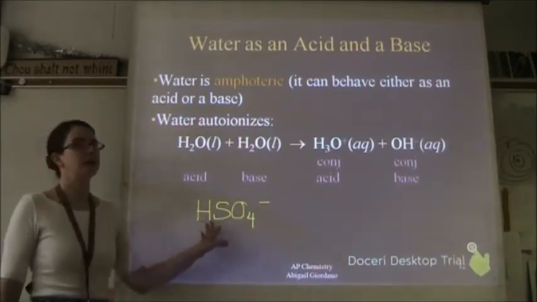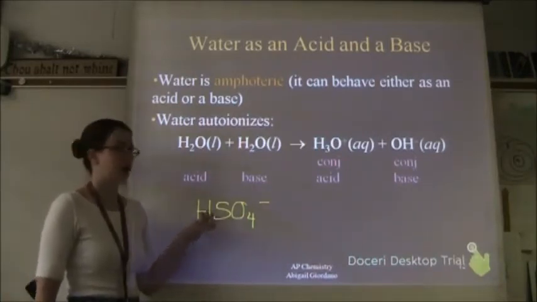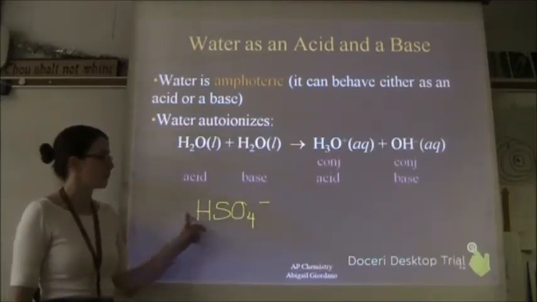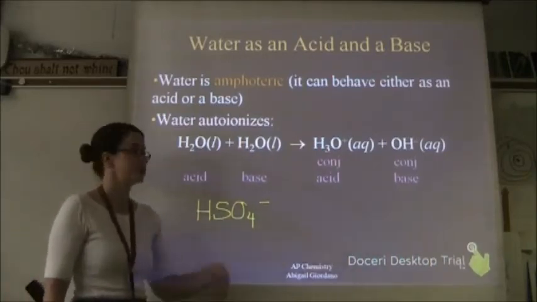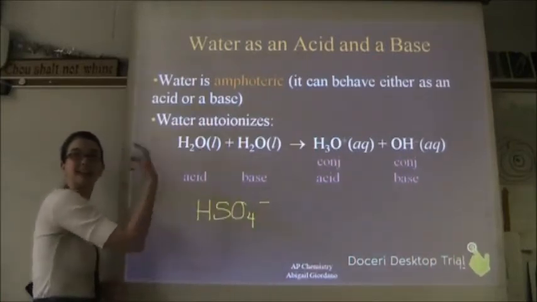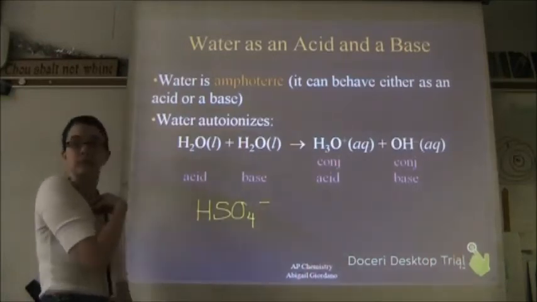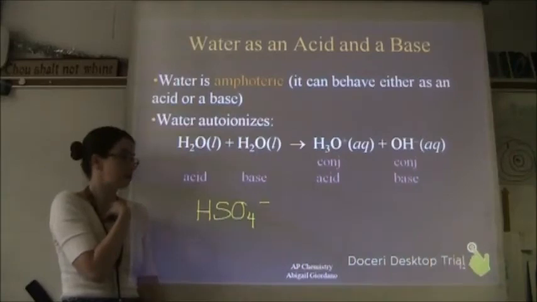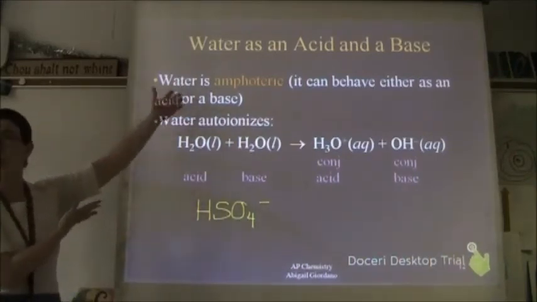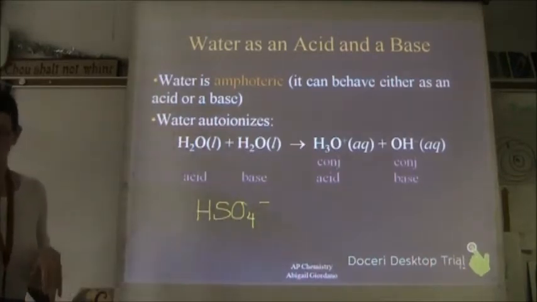SO4 with a, what kind of charge? -2. Okay, that's sulfate. SO4 with a -2 charge. So if this gives away a hydrogen, it becomes sulfate. What if this acts as a base and accepts a hydrogen? What would it become? H2SO4. That's sulfuric acid. Okay, so water's not the only thing, but it's a good example. Here would be another one.